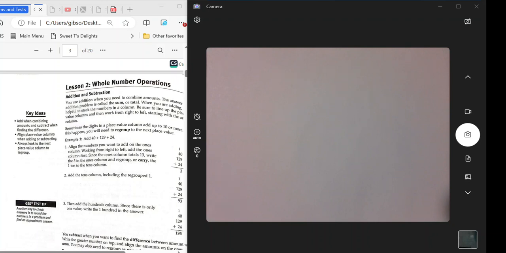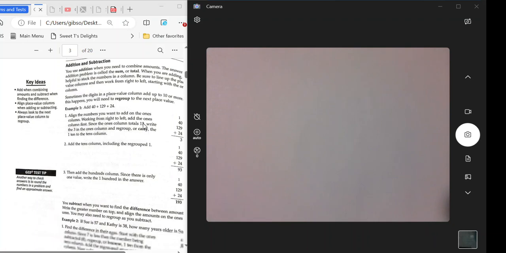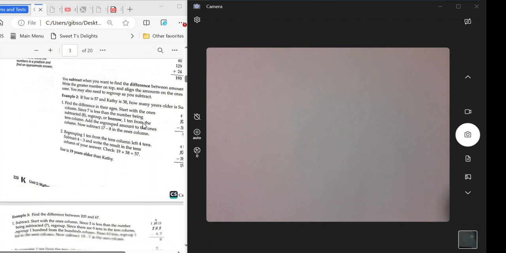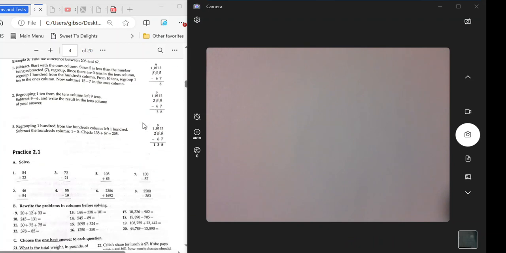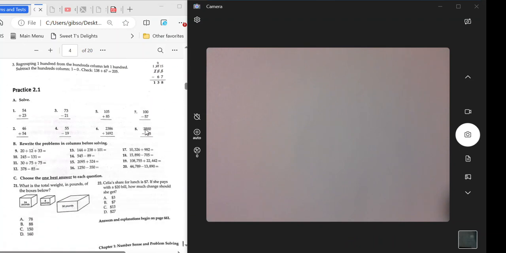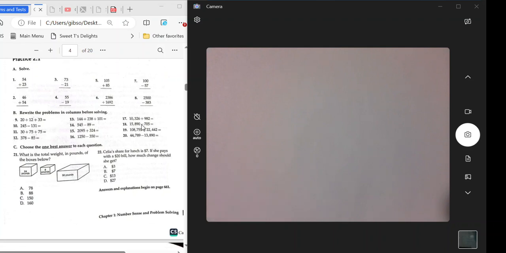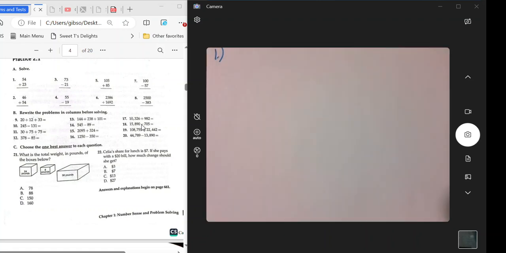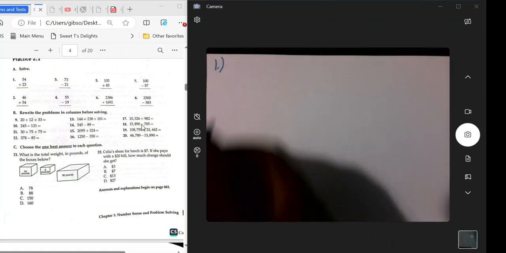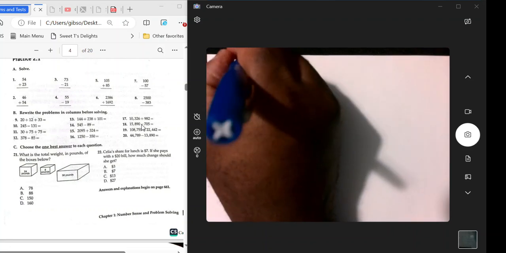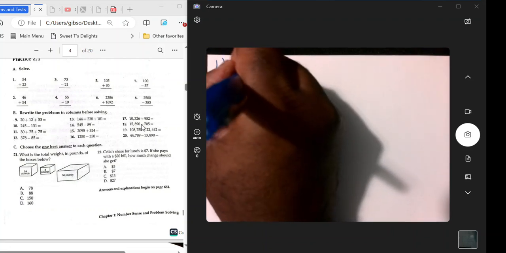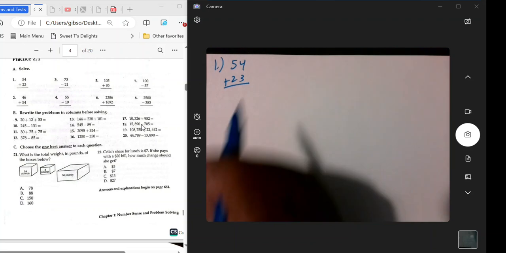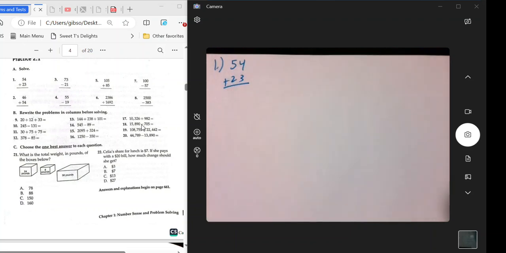So let's get started. We're going to go right into the problems here. So we could start lining these problems up properly. So we look here at number 1. Number 1, we have 54 plus 23. So we want to make sure that we line these up according to the ones place and the tens place.